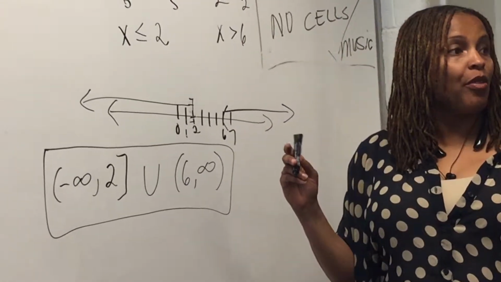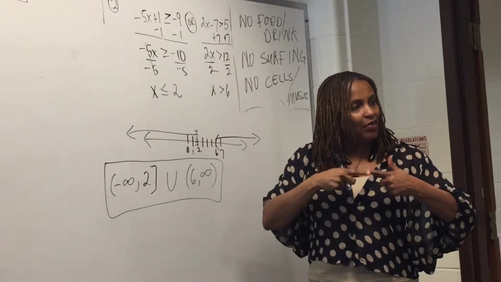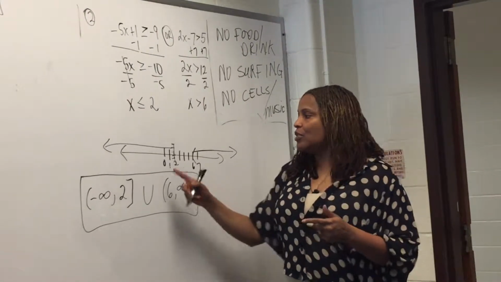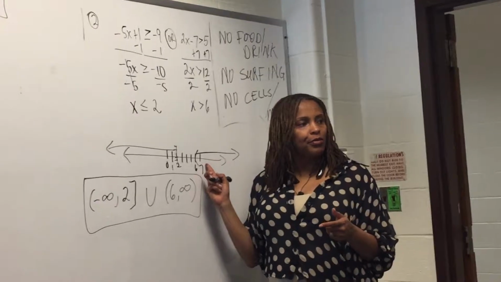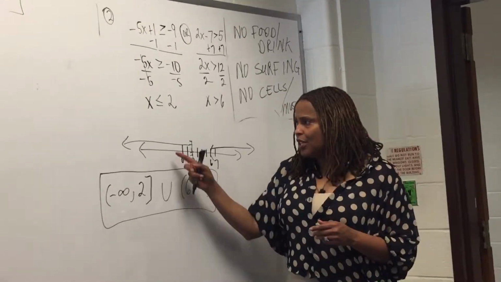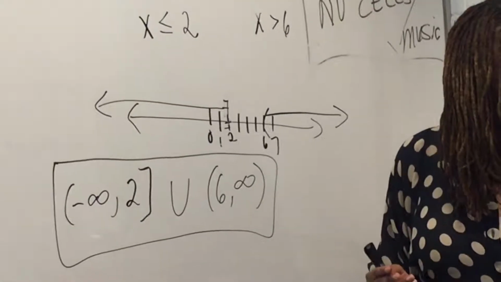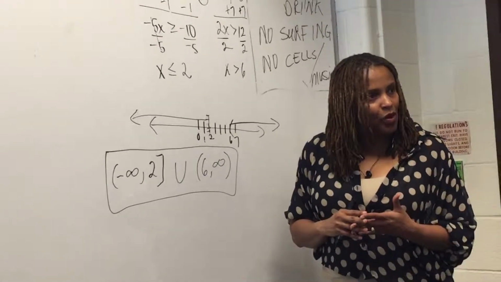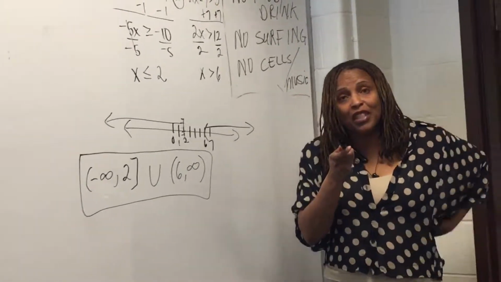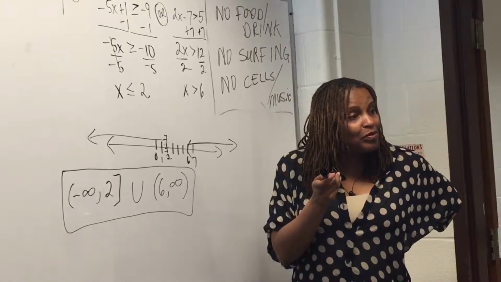I'm going to add something. If this was an and statement instead of an or, and means what they have in common, right? What numbers do these two sets have in common? Do you see any numbers in common, or is it just me? 2 and 6.